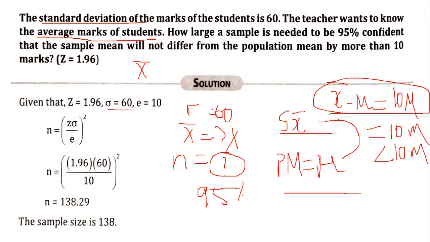Sometimes there would be a printing mistake. Since they have given us the difference between the population mean and the sample mean, this 10 marks we will take as the margin of error.